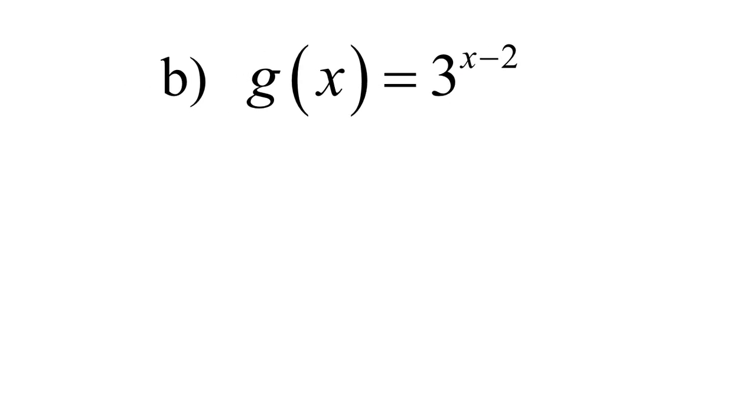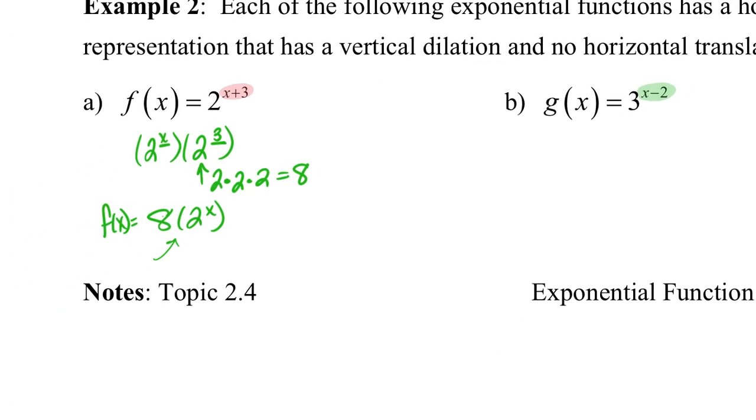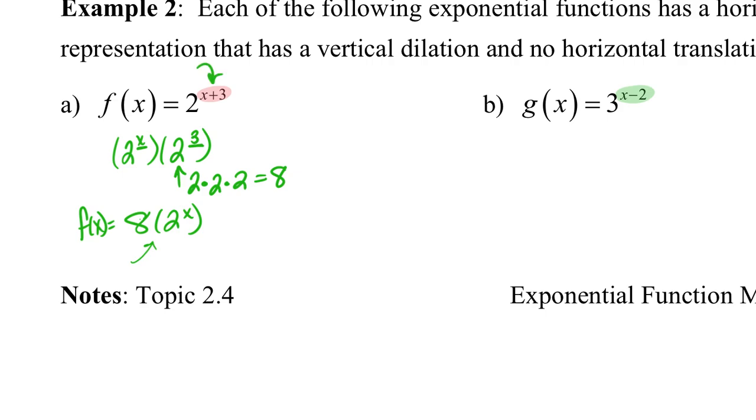So this one has an exponent of x minus 2. Well, if addition represented two quantities being multiplied, and when we were adding our exponents we were using multiplication, now all of a sudden we're subtracting them. Subtraction is the inverse of addition, kind of the opposite.